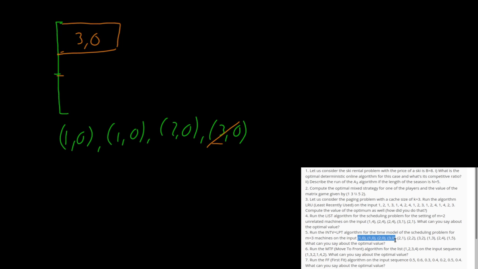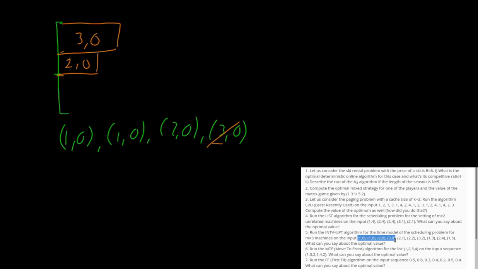The list algorithm will choose the second machine because you just have to pick the machine with the least possible load, and if you have several choices, then you just use the machine with the smallest index.